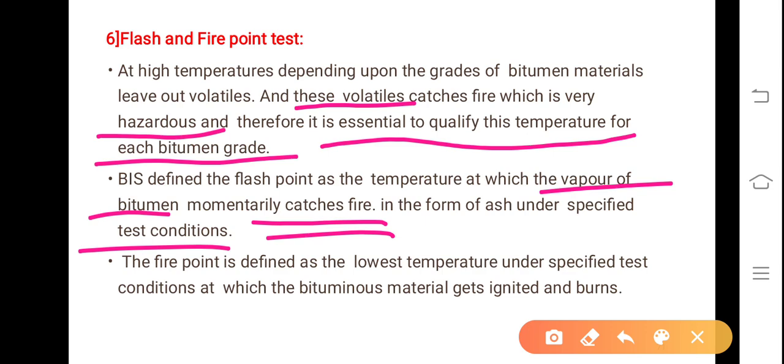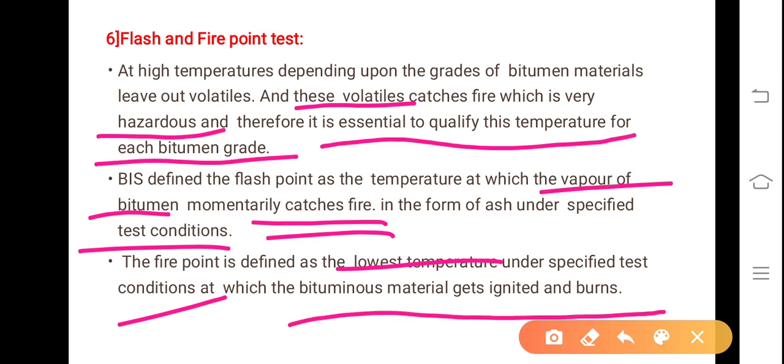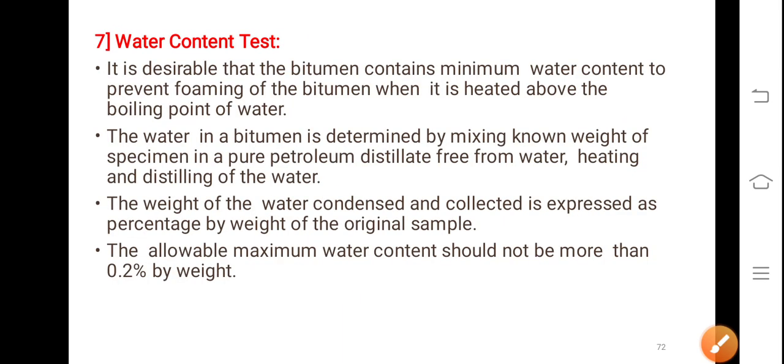The fire point is defined as the lowest temperature under specified test conditions at which the bituminous material gets ignited and starts burning. You can see that during the practical. Of course, as per the syllabus, we are conducting only 5 practicals.